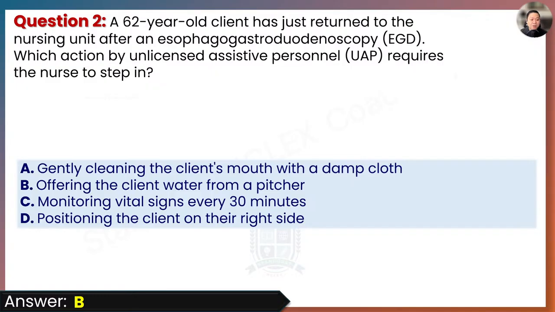And positioning the client on their right side. This is also an intervention that is commonly done after procedures to reduce the risk of aspiration or to help with any remaining sedation. And there's no issue with this task in D as well.